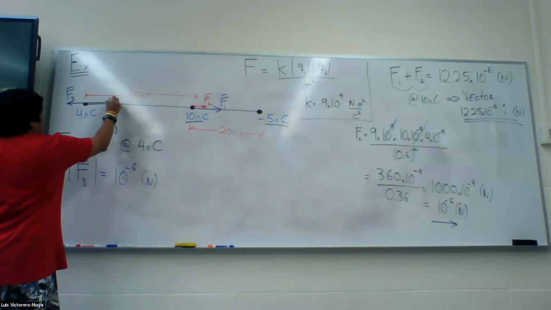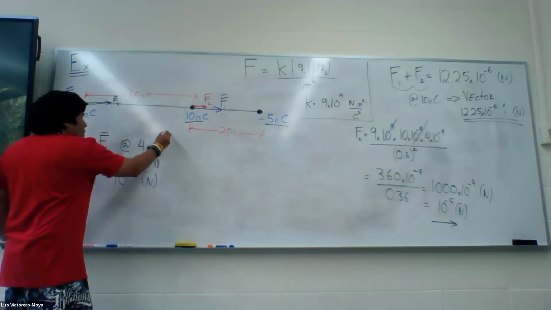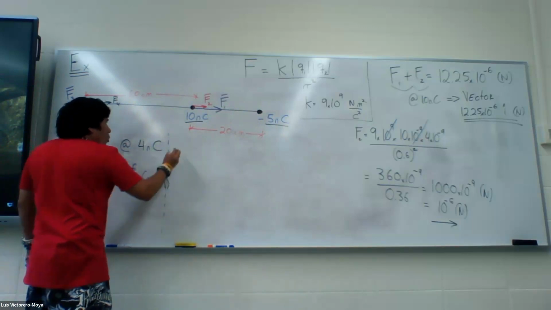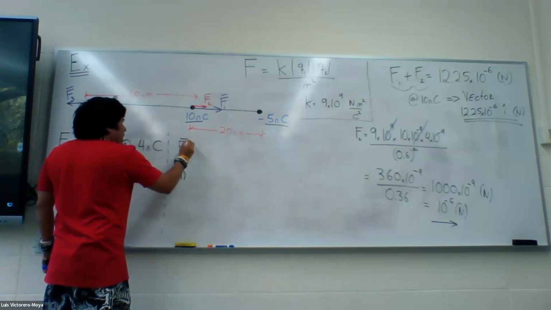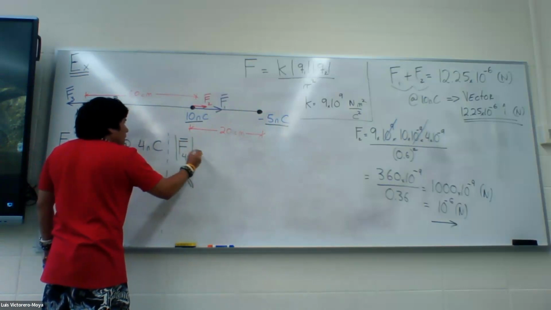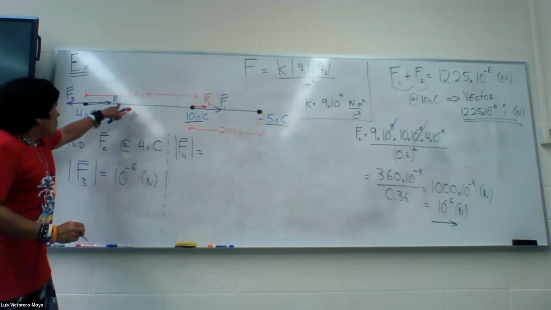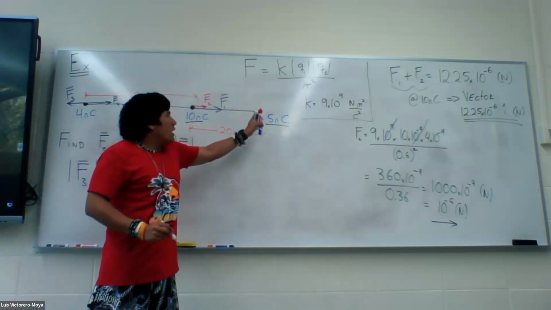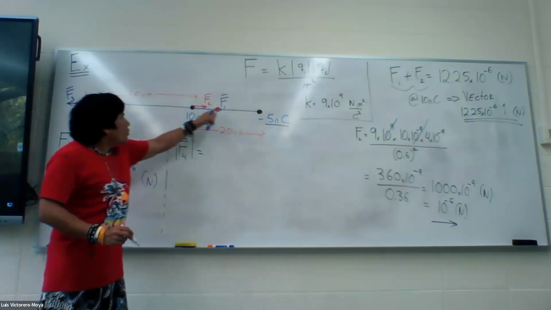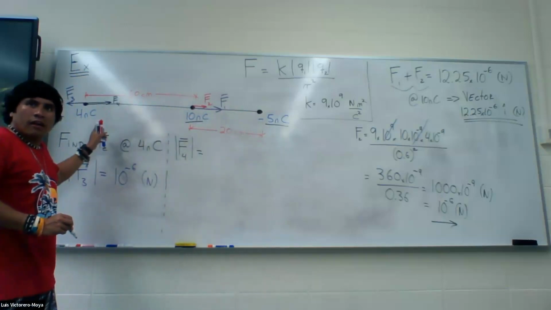Let's call it F4. So we need to find the magnitude of F4. F4 is the force due to 4 and negative 5 at a distance of 80 centimeters, 20 plus 60.